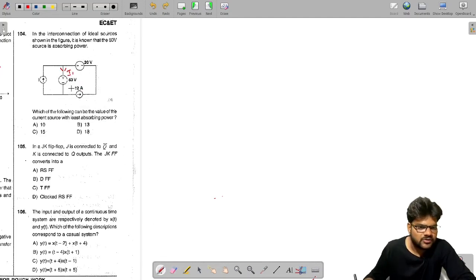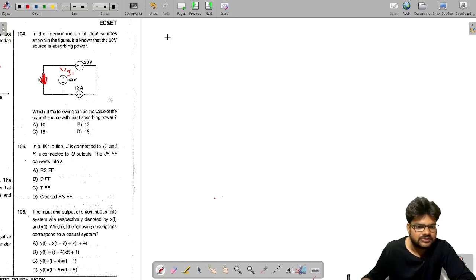This question was copied from GATE, and in the actual question the current direction was different. If you take the direction as drawn here, then no option will match the answer. So the direction of current has to be this one, and then you will get it.